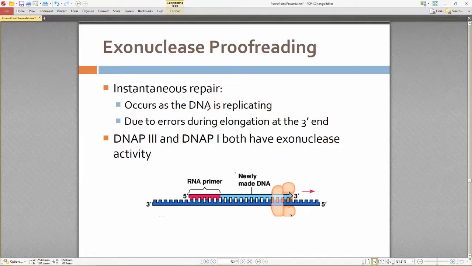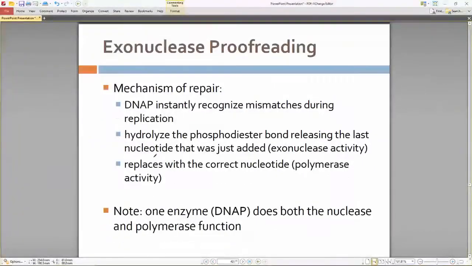So let's talk about what this does. An exonuclease proofreading. So this is considered instantaneous repair. This occurs as the DNA is replicating. DNAP3 and DNAP1 both have exonuclease activity. So how does it do this? DNAP can instantly recognize mismatches during replication.